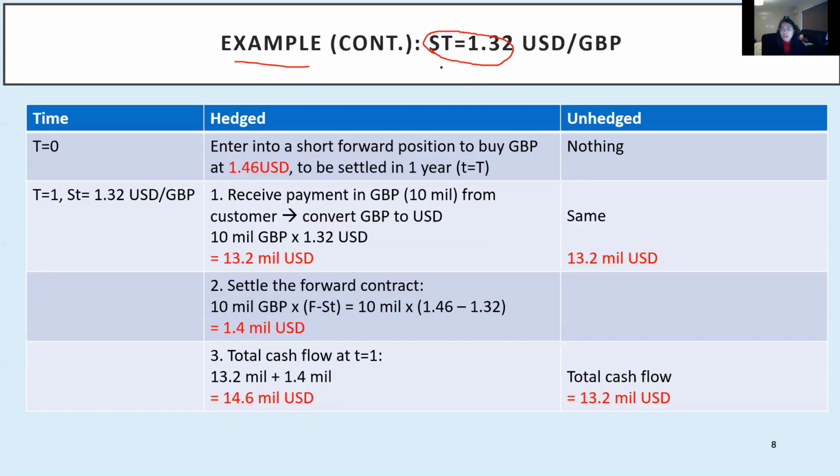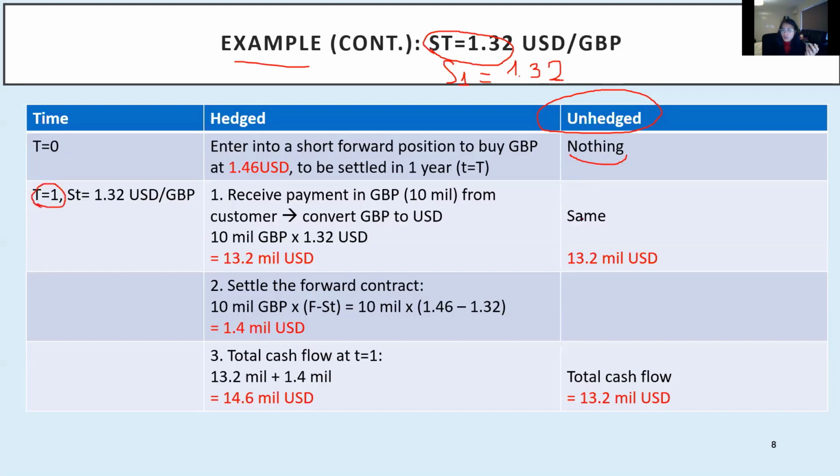So in 1 year's time, my spot exchange rate is 1.32 USD per pound. So here I'm listing out all the transactions that are incurred with both a hedge and an unhedged position. So with my unhedged position, at time 0, of course, I didn't do anything. I didn't really enter into any forward contract.